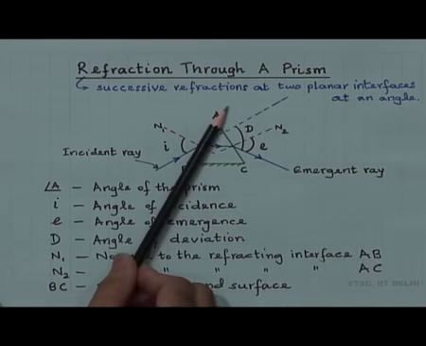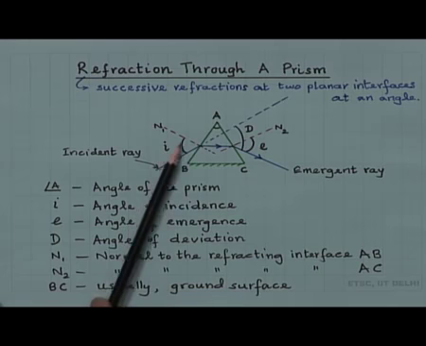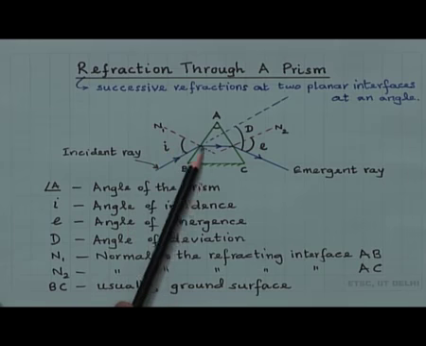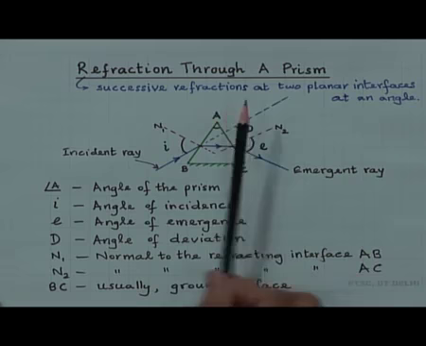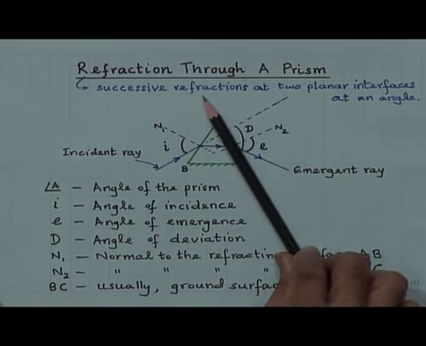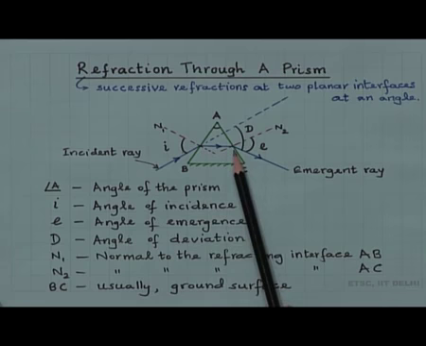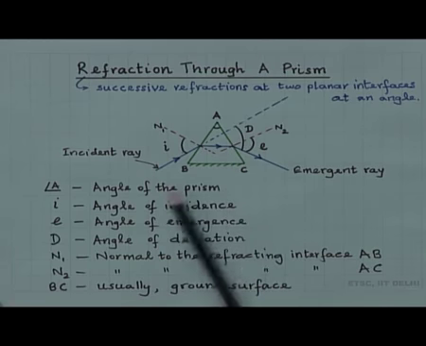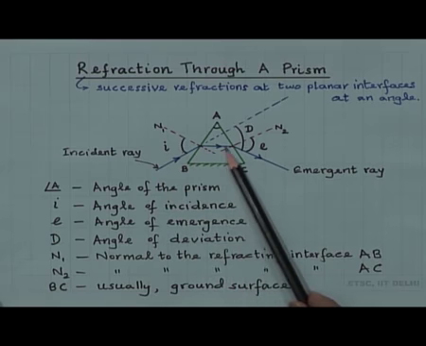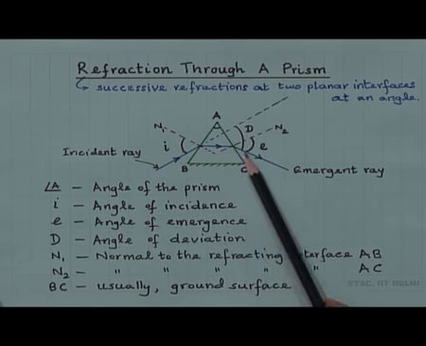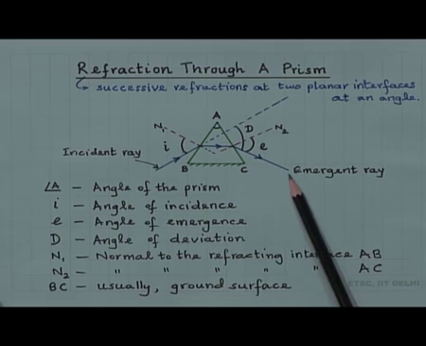One interface is between the rarer medium and the medium of the prism, and the second interface is here. The two interfaces are at an angle and refraction takes place at both, leading to deviation of the incident light. The incident light refracts and again refracts and emerges from here. So, this is refraction through a prism.